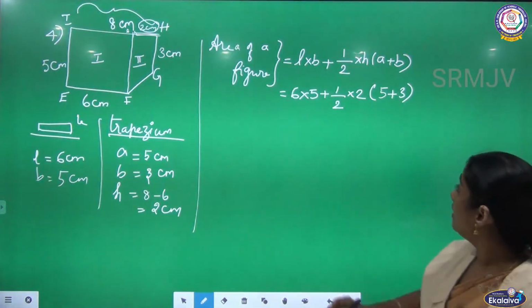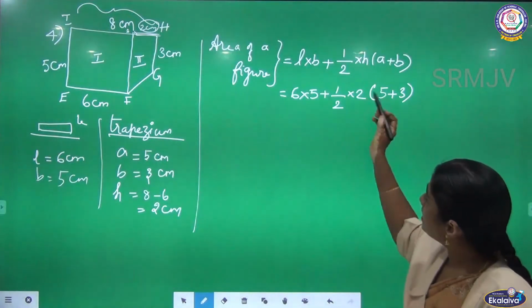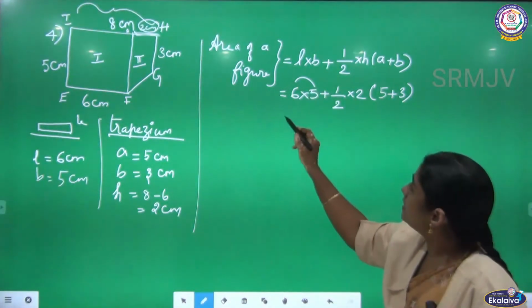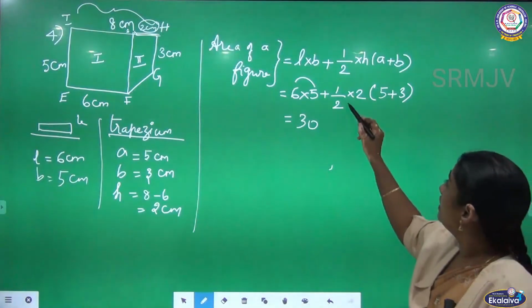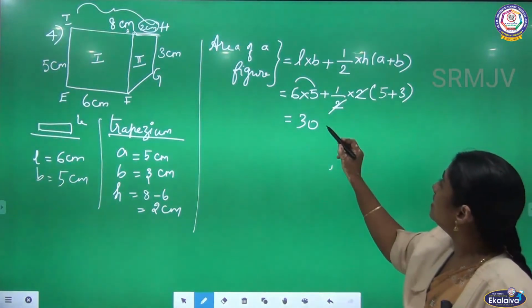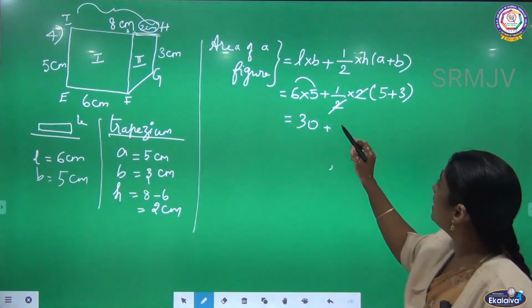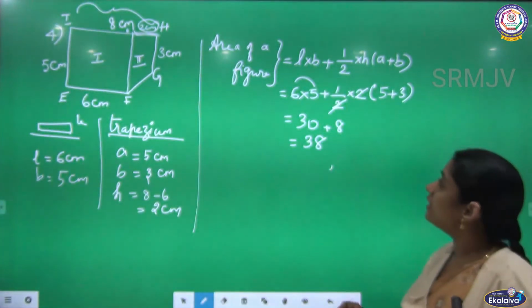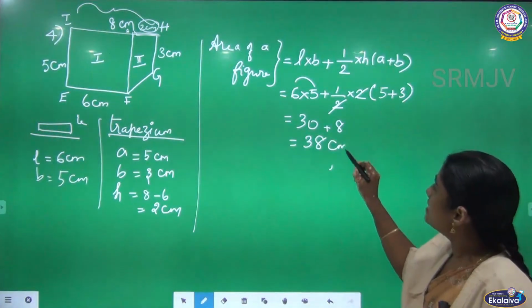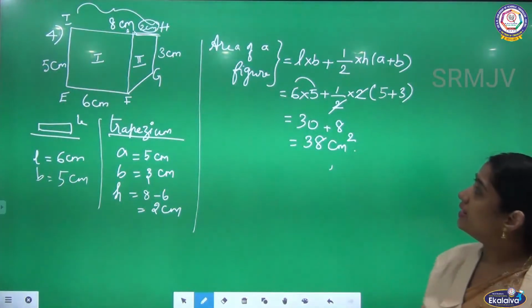Got it? Now listen, 6 into 5, if I multiply, I get 30. These 2 and 2 get cancelled. So 30, and 5 plus 3 is 8. So 30 plus 8 is 38 centimeter square.